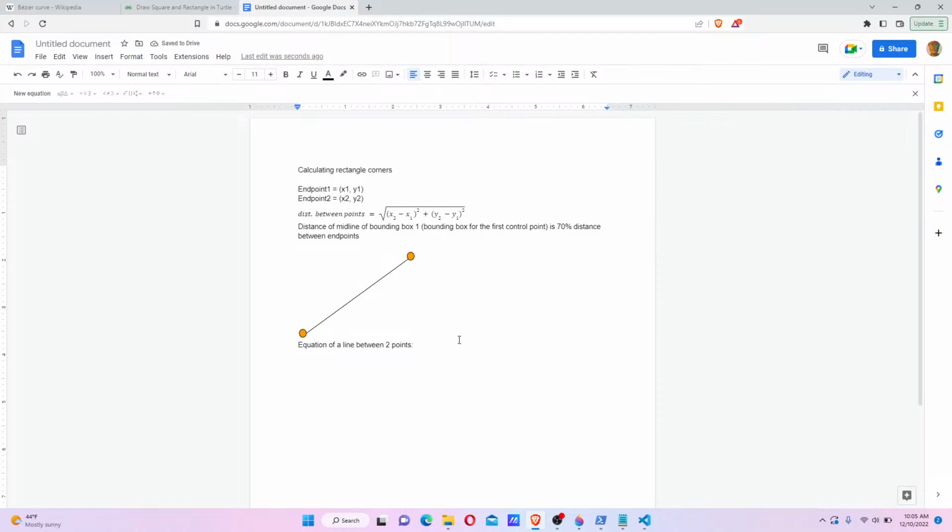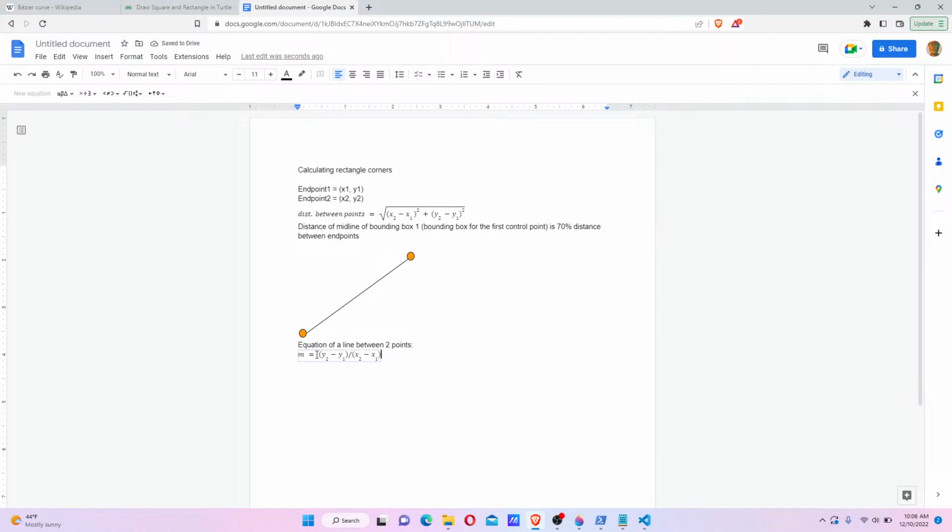So the first thing is, obviously you get the slope, m equals rise over run, so y2 minus y1 over x2 minus x1.